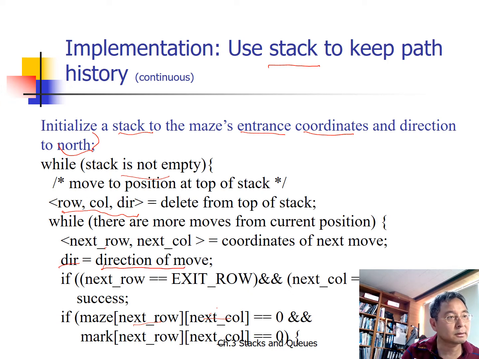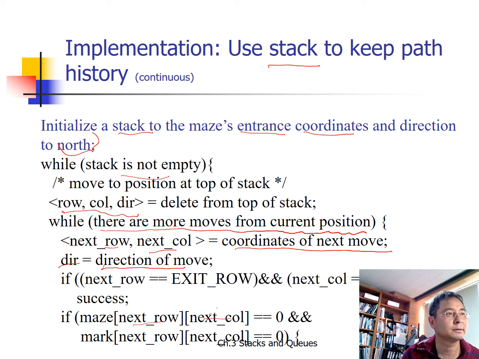And next row, next column is the coordinate of the location of the next move. Okay, and we must search possible moves from the current position.